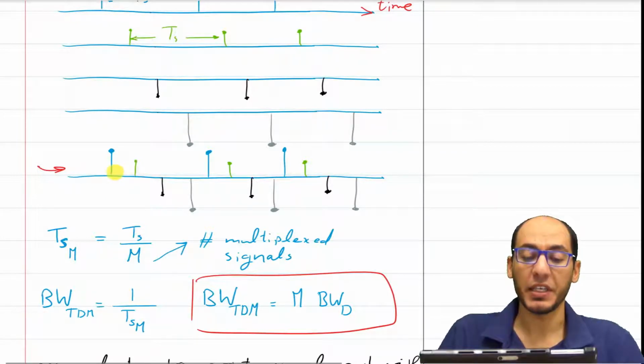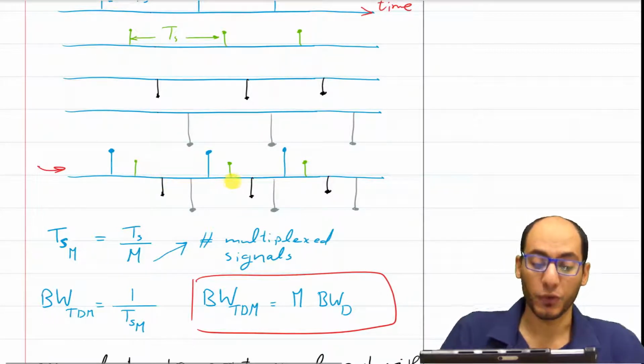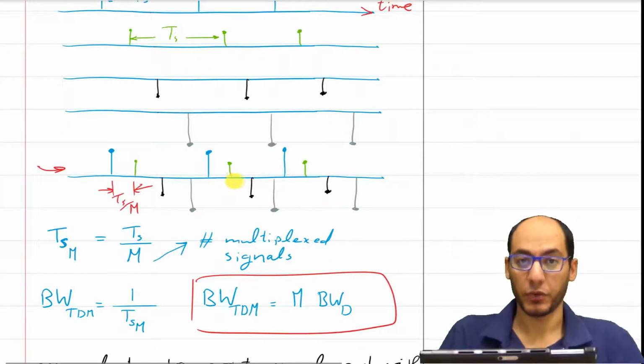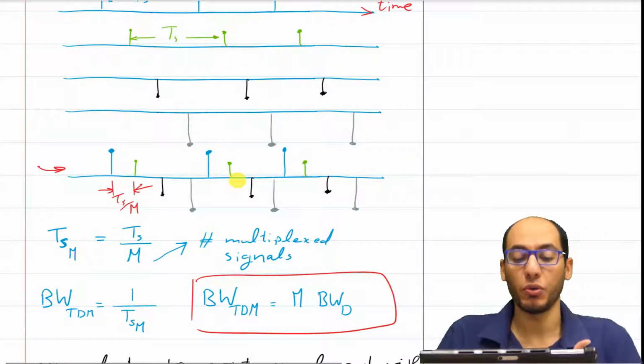The medium sees that the first sample is followed by another sample after a duration of Ts over m, where m is 4 here, and the third sample is Ts over m as well, and so on and so forth. So the duration between each 2 consecutive samples has decreased, which means that the bandwidth is going to increase.